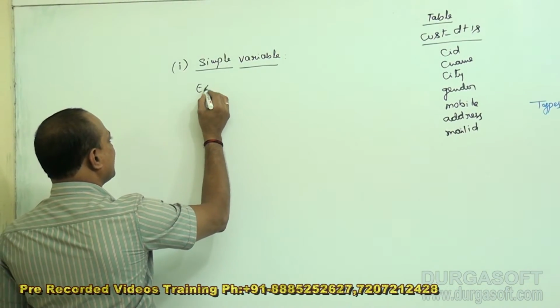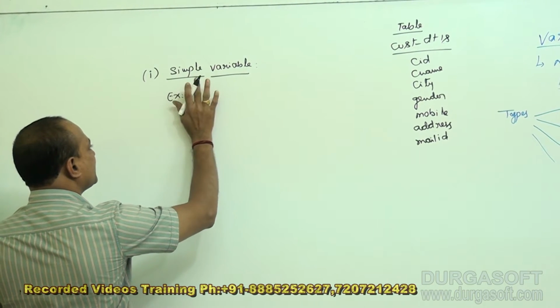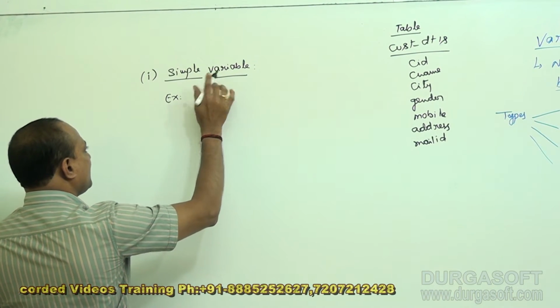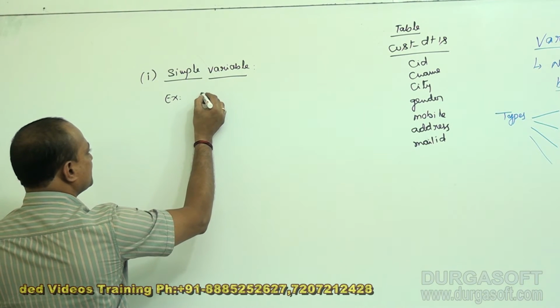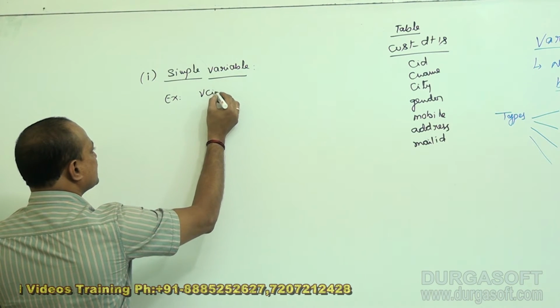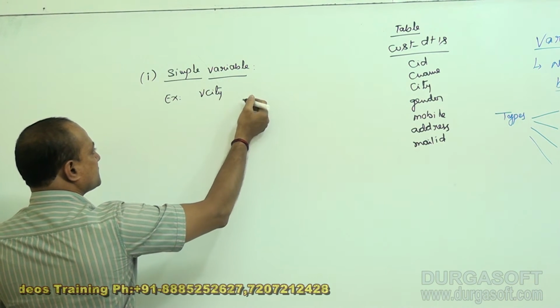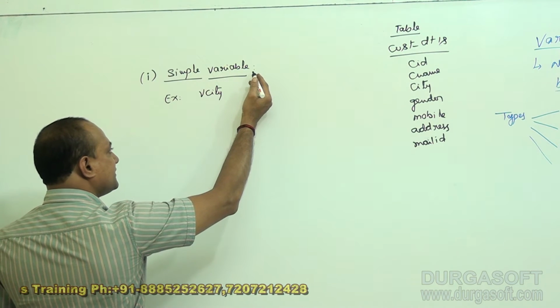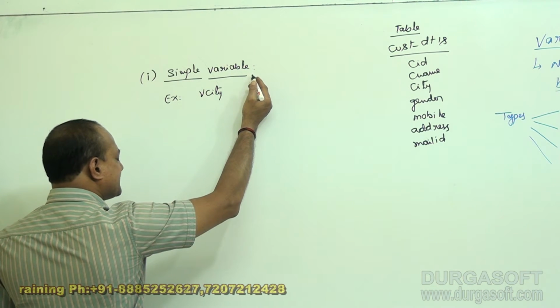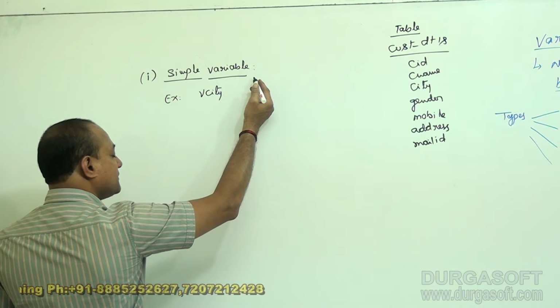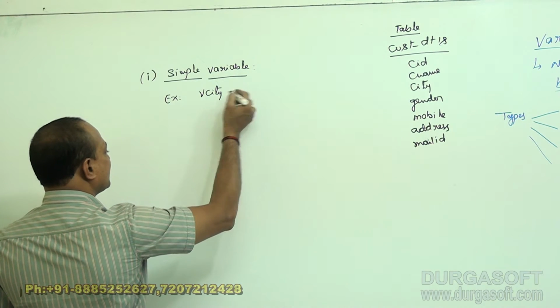I am just writing examples, not specifying any syntax here. Variable name, suppose v city. A simple variable is declared in two ways: explicit declaration and implicit or dynamic declaration.